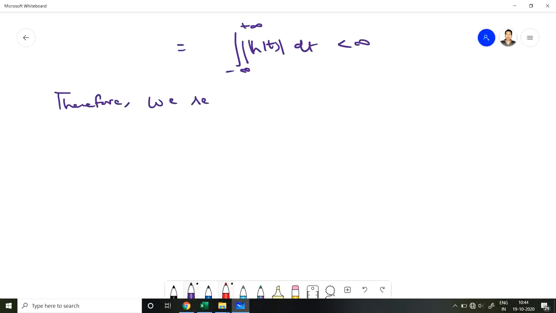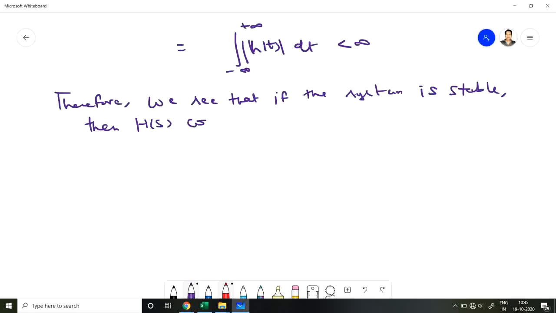So therefore we see that if the system is stable, then H(s) converges for s equals j omega.